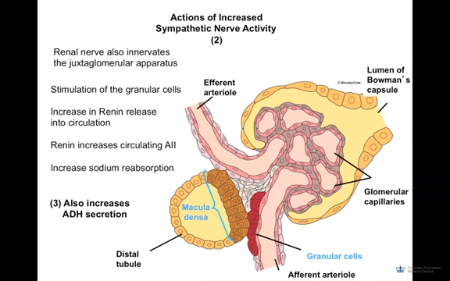And the sympathetic nerves also innervate the juxtaglomerular apparatus, so it's also going to stimulate the release of renin, and that release of renin is going to initially increase the production of angiotensin II. And the last thing that increased sympathetic activity is going to do is also increase the release of antidiuretic hormone.